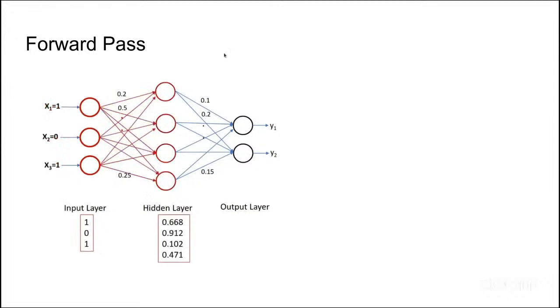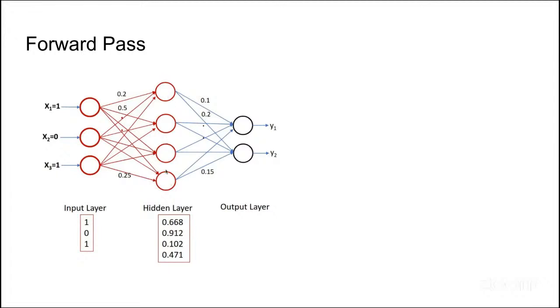Now it goes to the hidden layer. So how does it go? X1, 1, times 0.2, 0 times this weight, 1 times this weight, and you apply some activation function. In this case, we have applied a sigmoid activation function, which just maps values between 0 and 1. And you get the value of this neuron, which is 0.668. So this value becomes 0.668, this becomes 0.912, this becomes 0.102, this becomes 0.471.